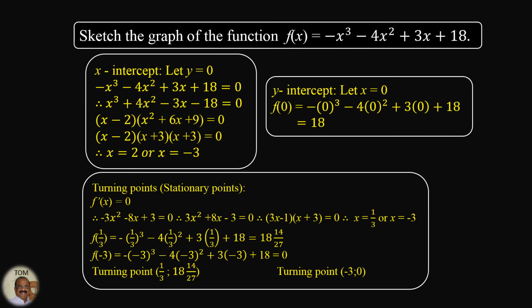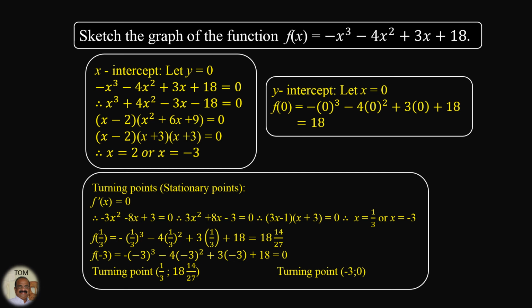Slowly we get x equal to 1 over 3 or x equal to minus 3. Y coordinates. Substitute the x value into the function. Use your calculator. You get 18 and 14 over 27. Again, substitute minus 3. Another y value, that is 0.